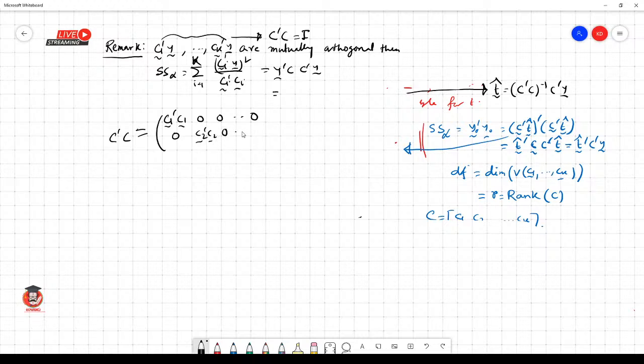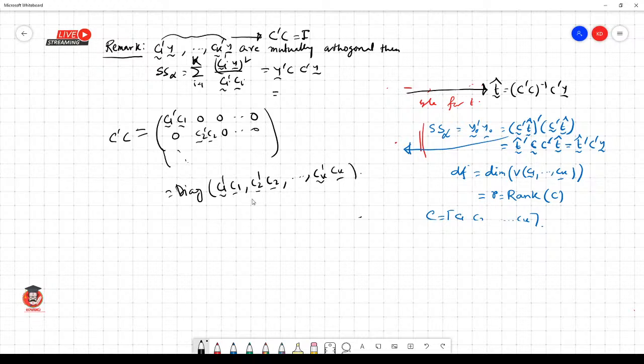If it is unit length, then this should be 1. Otherwise, this is a diagonal matrix whose diagonal elements are C1 prime C1, C2 prime C2, and the last diagonal element is Ck prime Ck.